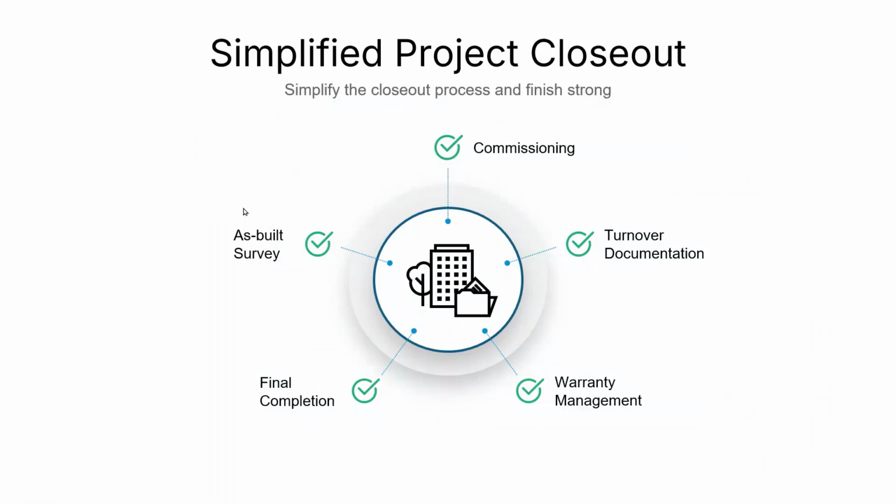Lastly, close out at the end of all of this. What do we do with all this data? We can turn over the documentation, provide as-built information. In theory, all of this is continually modified and updated as we go along in the construction process. And at the end of it, the data should be in a format that's applicable and helpful for the owner and or tenant.